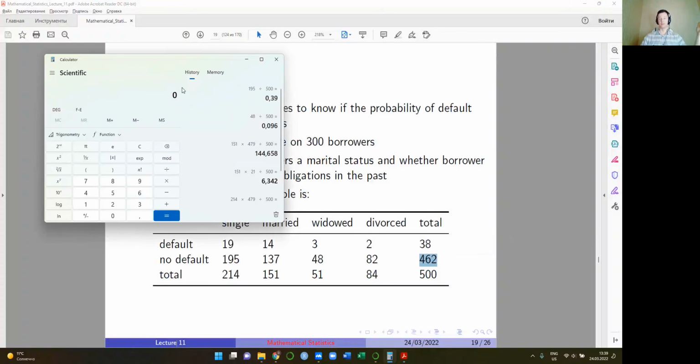We take 38, divide by 500. So 7.6% that a particular person will default, no matter what the marital status is.